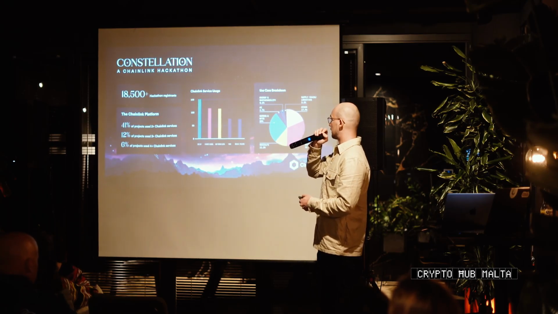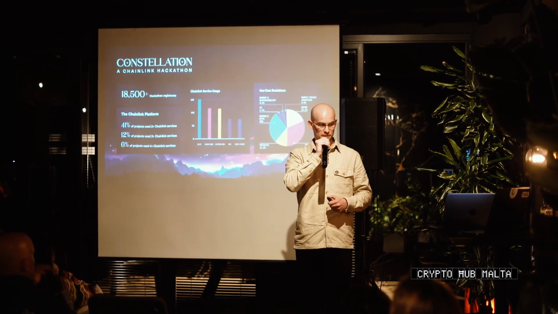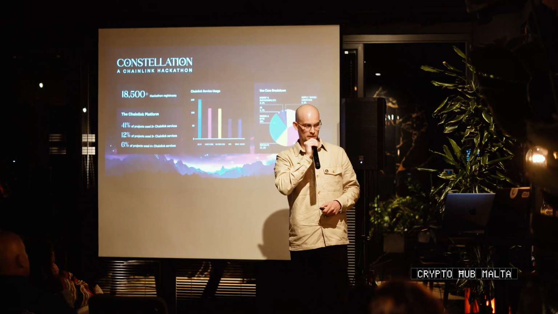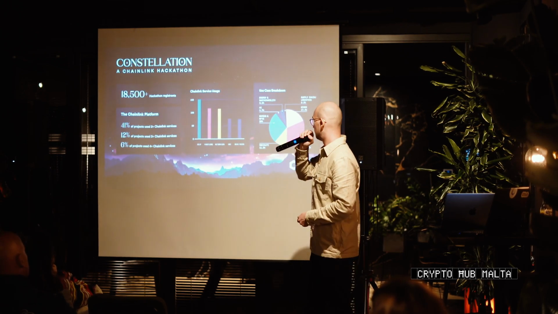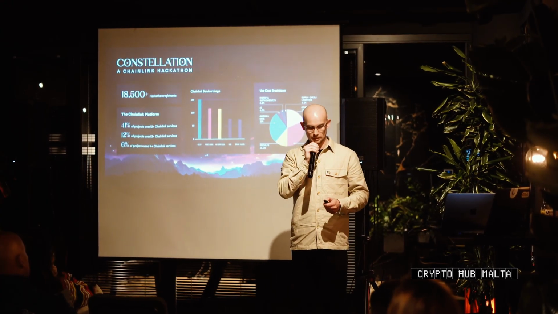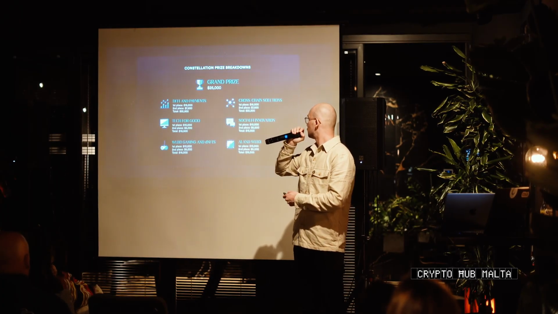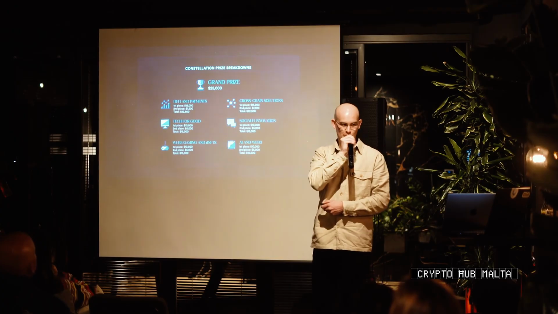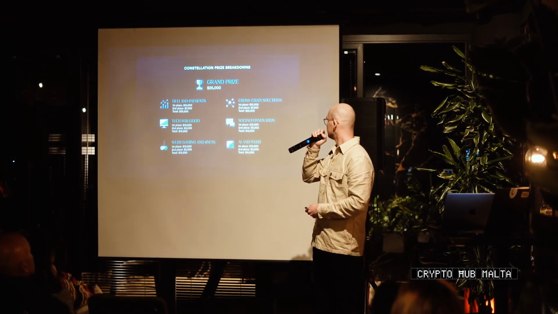And yeah, the hackathon was the biggest hackathon ever, with more than 18,500 participants. And you see that there are a lot of use cases being implemented. Yeah, and guess what? We won the grand prize. So pretty nice, and that was quite cool.